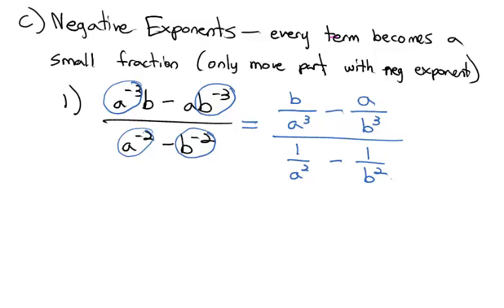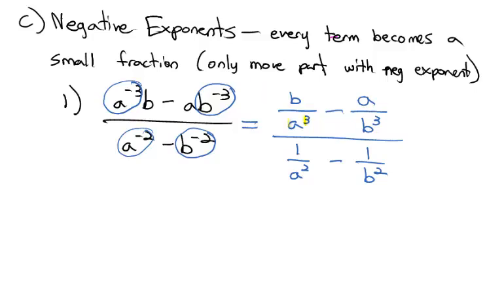The common error I see people do is they just move things up and down on the single fraction without making these little fractions, this complex fraction. We can only move across a fraction bar if it's all multiplying. Just like we couldn't reduce when there was adding and subtracting, we can't move things around when there's adding and subtracting. So we just make these little fractions instead and solve it as a compound fraction.